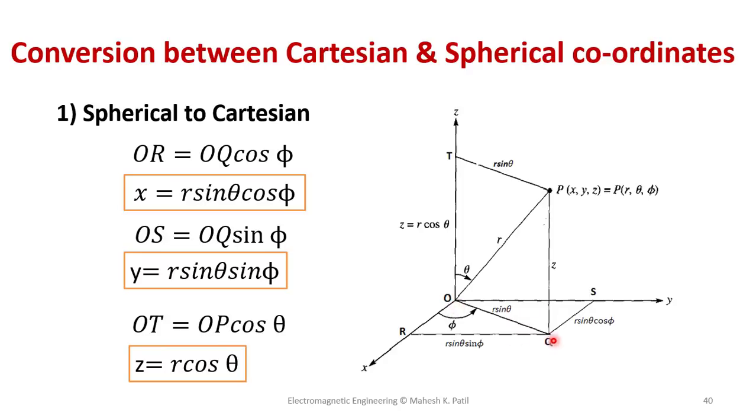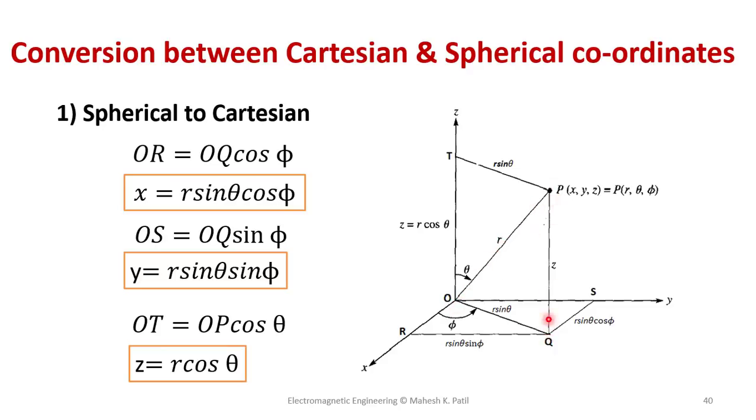So OQ line is parallel to the TP. So if I join this O to this point P, so this is my radius value of that sphere. So this R value means this is the radius of that sphere, that is O to P.